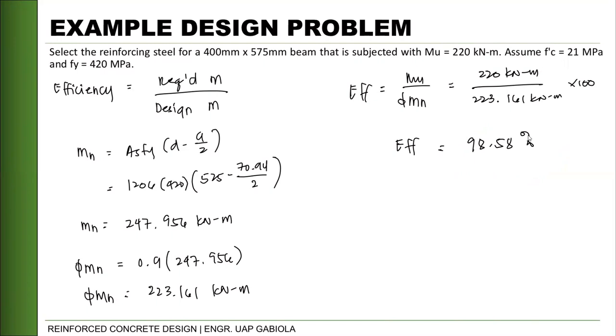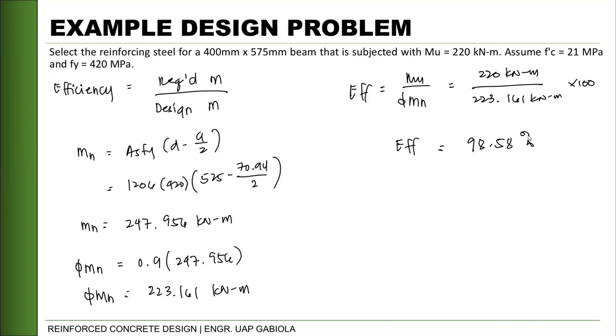So you can manipulate yung mga diameter ng rebars, okay? Or kung ano man yung pwede natin galawin, kung halimbawa hindi naman stricted ni architect yung dimension natin, we can change the dimension of our beams para mas maging efficient siya and mas economical for the side ng ating client. Okay?